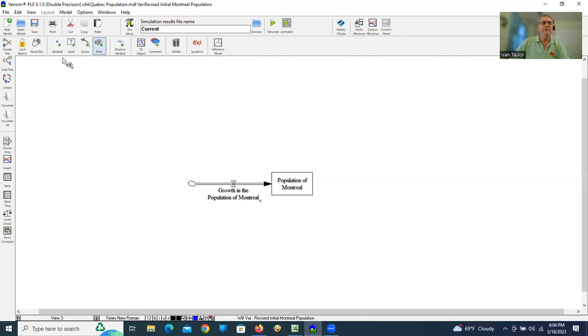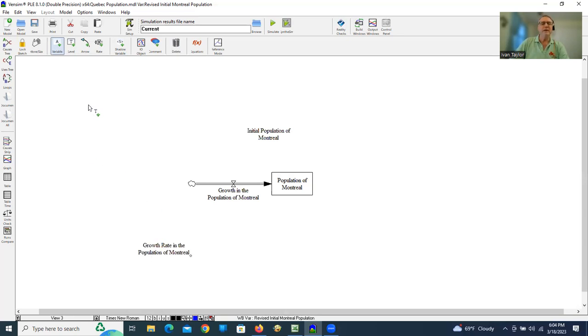And then I'll introduce another variable, which is the initial population of Montreal. And I'll introduce another variable called the growth rate in the population of Montreal.